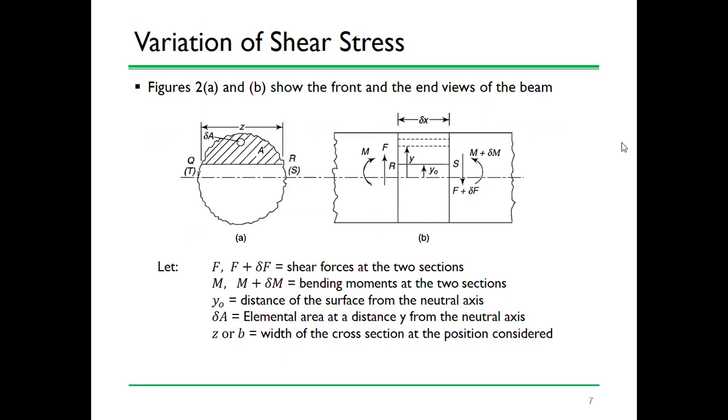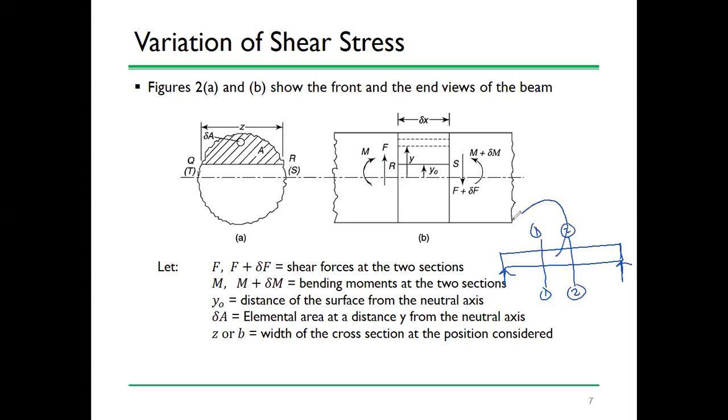Now, here again, what you are seeing is very simple. It's like we have a beam like this. And then we take a section, let's say section 1, 1 and section 2, 2.